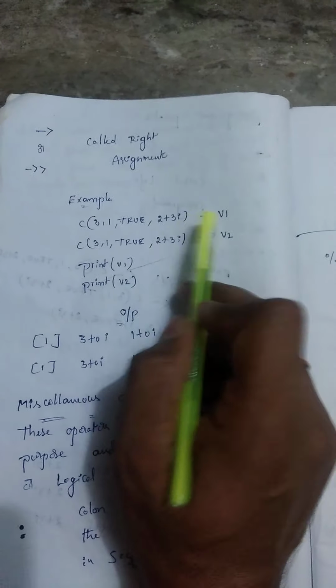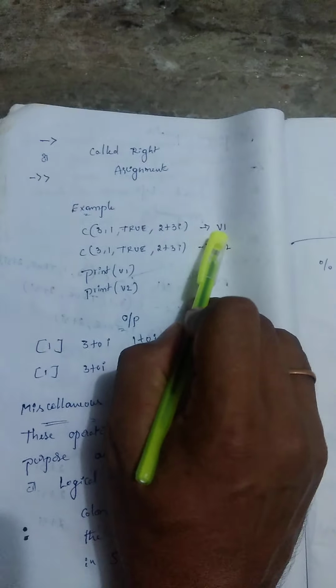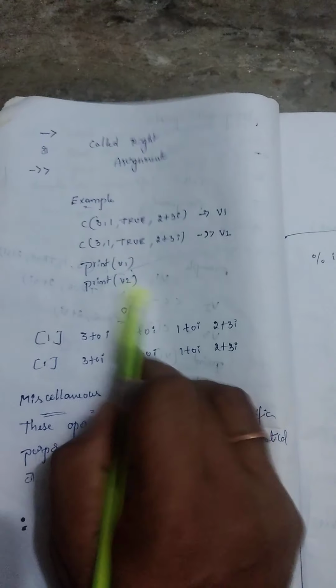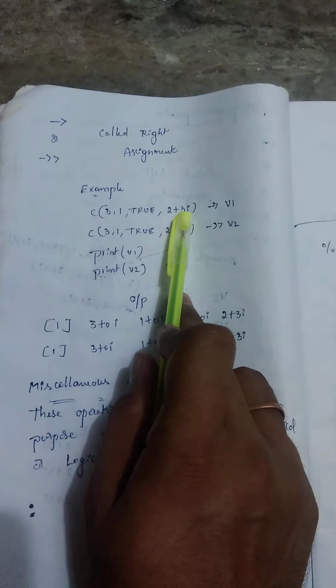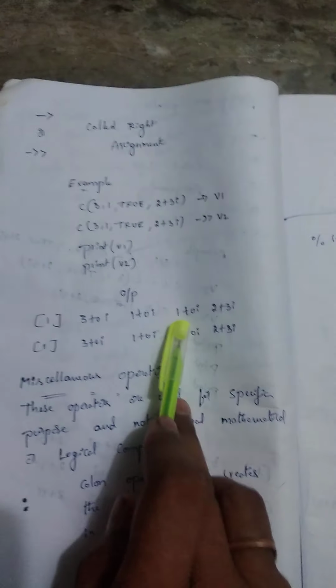With the help of the C function, we pass some group of elements with the prompt symbol, assigning to the right side of the v1 vector, and to the right side of the v2 vector, then printing v1 and v2 with the print statement. The same output here also, a complex vector in a plus bi format, 2 plus 3i. The rest of the elements are also printed in this format, 3 plus 0i and 1 plus 0i. True also means 1 plus 0i, and 2 plus 3i.